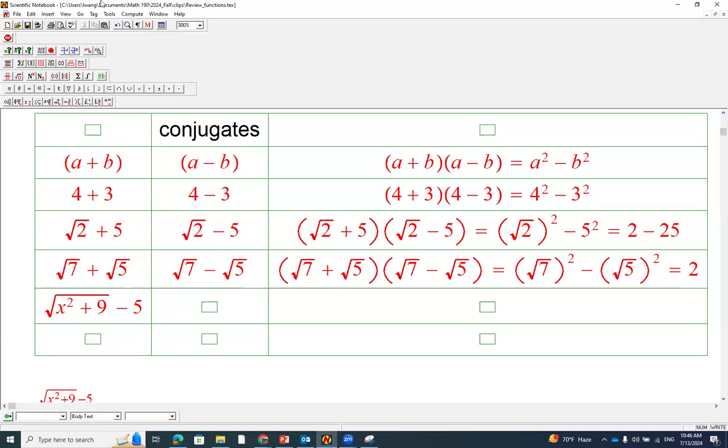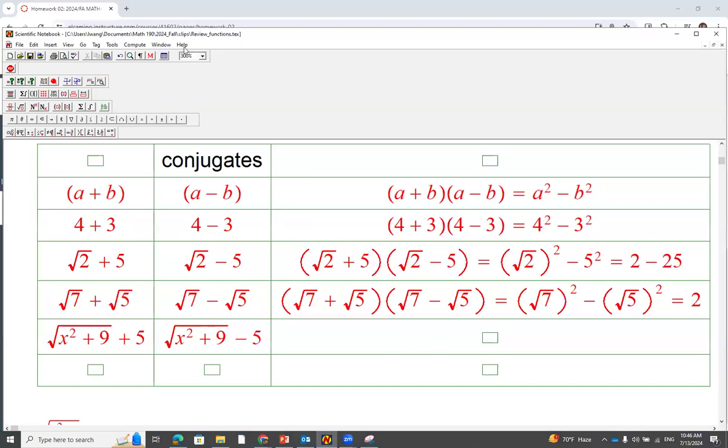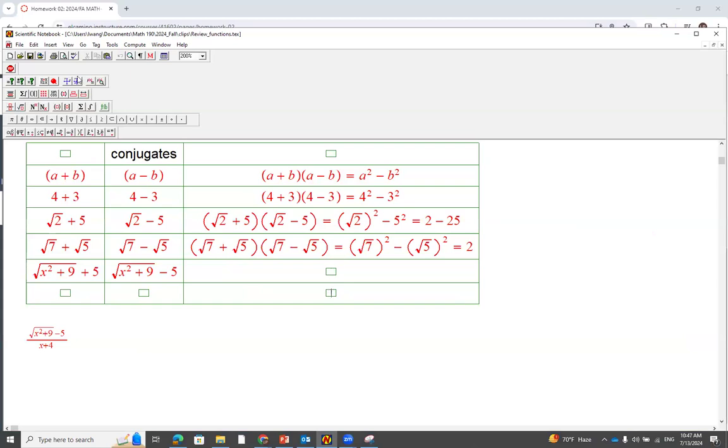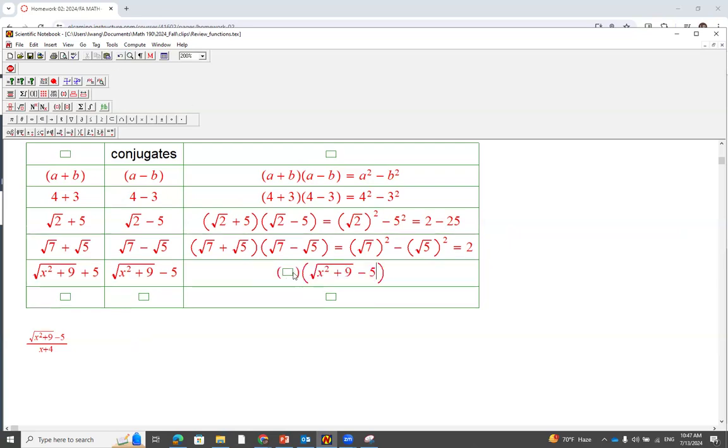Okay, so now let's look at this example: root of x squared plus 9, minus 5. The conjugate is plus 5. When we multiply these two conjugates, we get root of x squared plus 9 multiplied by its conjugate.